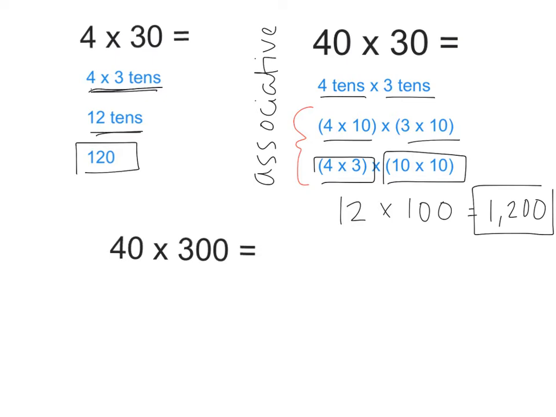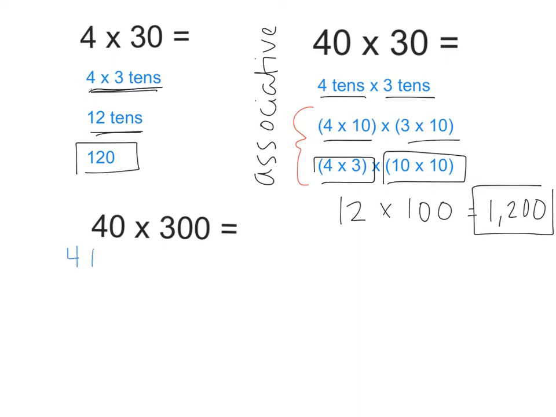Let's try this next one. I have 40 times 300, okay? So I can say that 40 is the same as 4 tens. And 300 is the same as how many tens? 30 tens. Okay. Now, let's break that down even further. So I have 4 tens. 4 tens is the same as 4 times what?